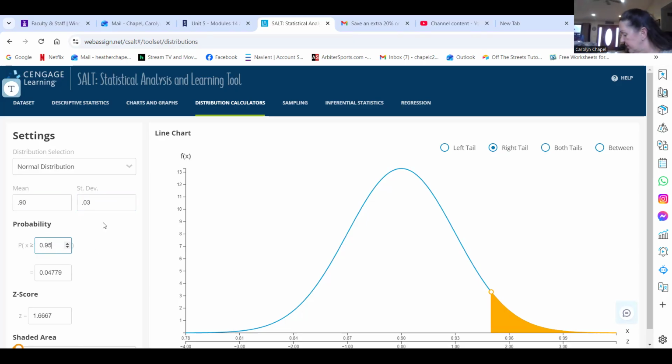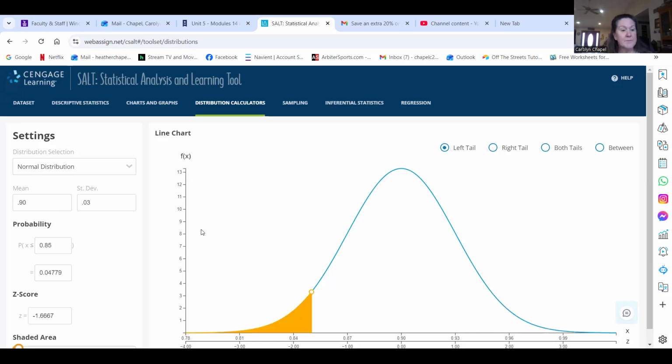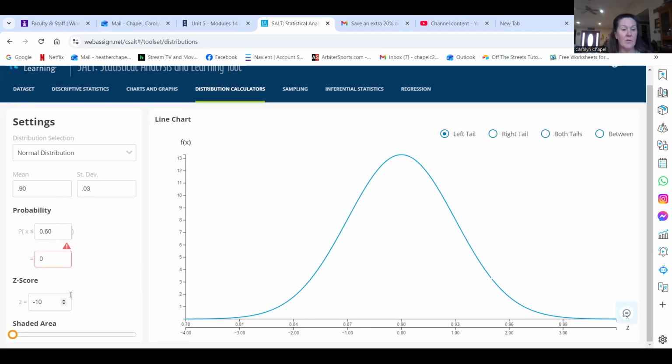We also wanted to do what is the probability that less than 60, so that's going to be a left tail, and less than 60 will sprout. Notice that that's a z-score of -10, hence the reason not very likely that that's going to happen.